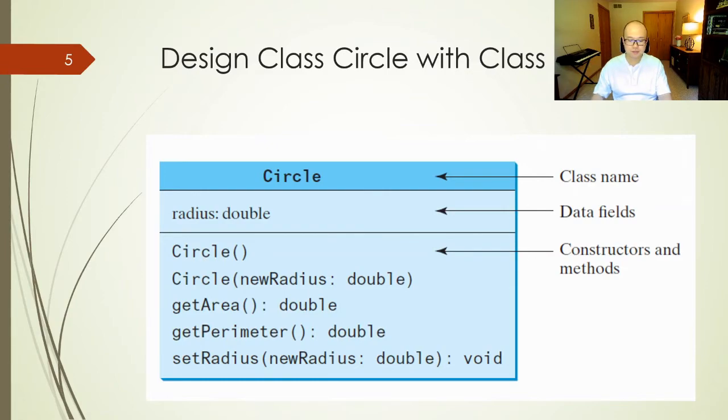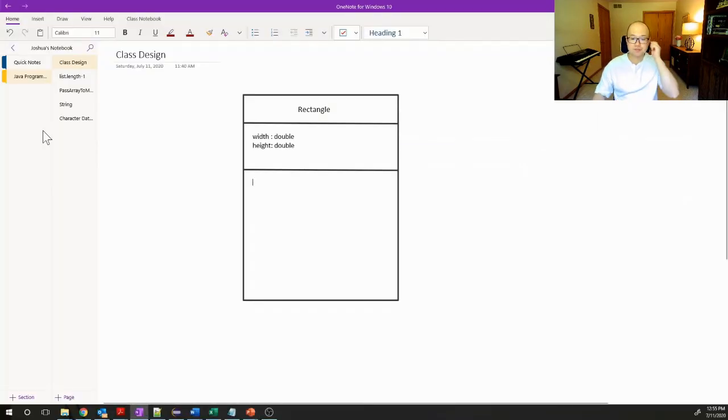So let's get back to our exercise. Here we want the first constructor, the default one, Rectangle, that takes no parameter. That's the first. We also want another version of constructor.